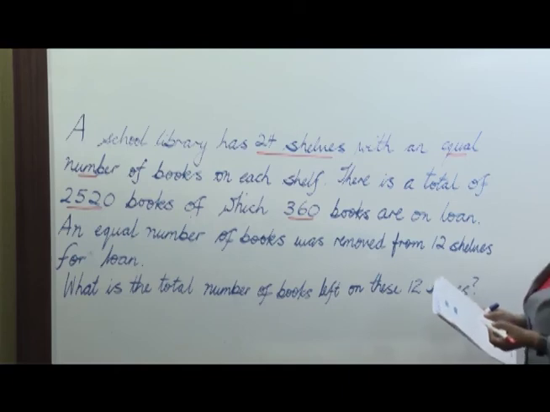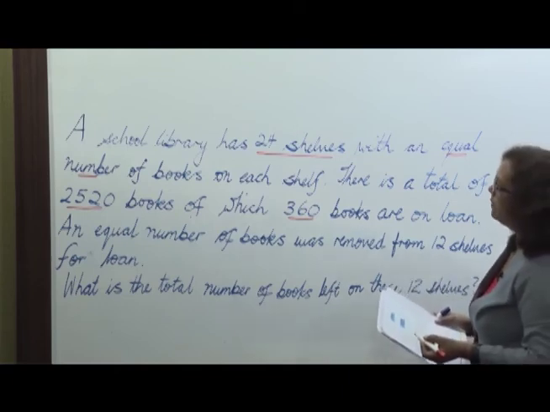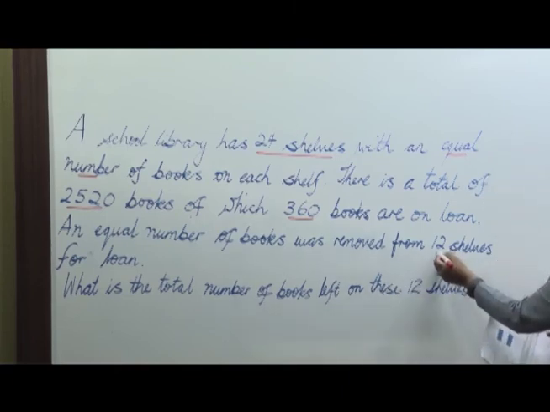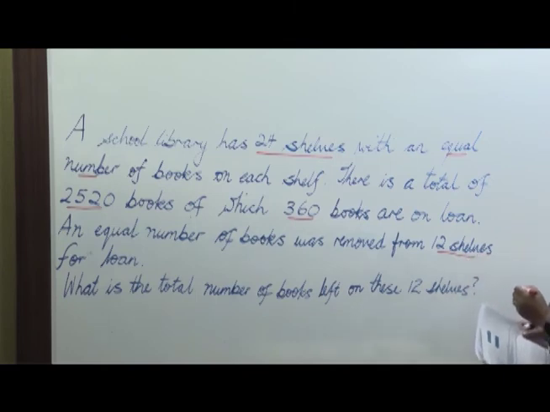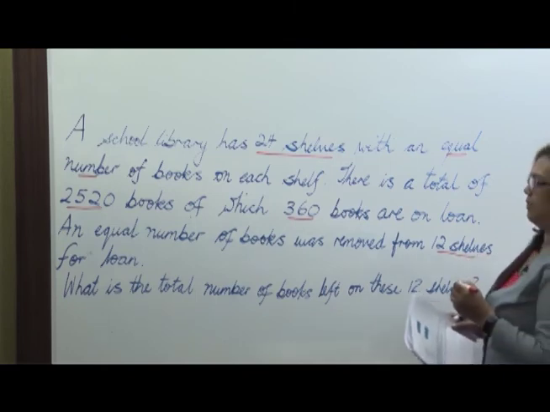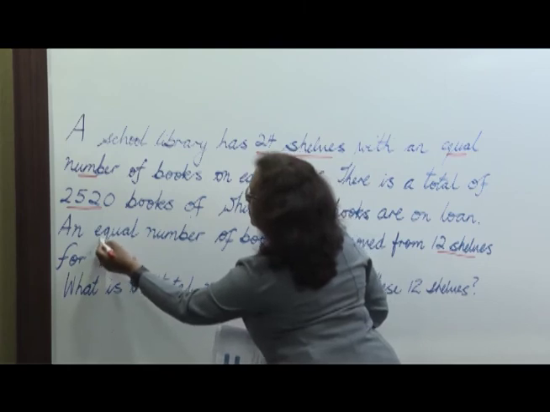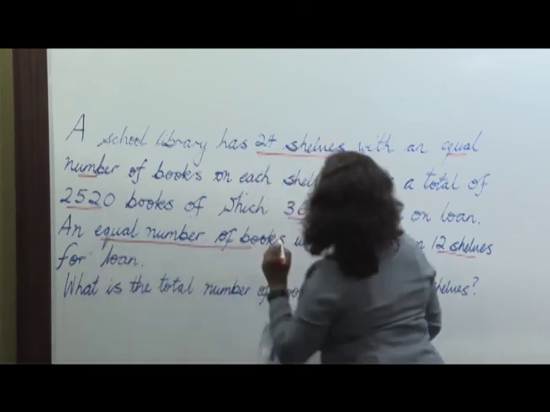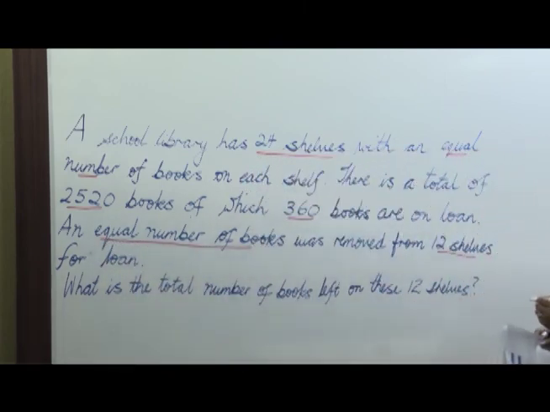These 360 books were removed from 12 shelves, but an equal number of books was removed from each of the 12 shelves. And our question is, what is the total number of books left on these 12 shelves?